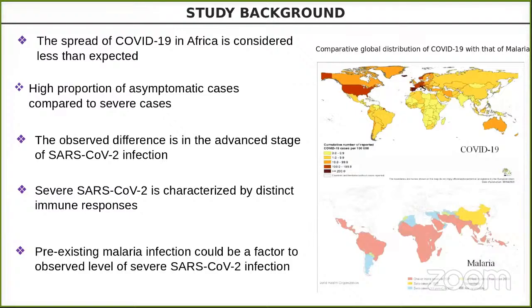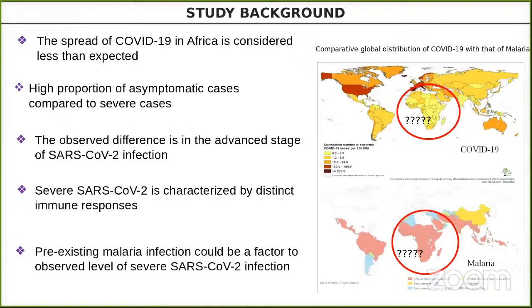The spread of the disease is considered less than what we expected. Even though we know that malaria is endemic in Africa, we were expecting that the emergence of COVID-19 could have some severe effects in Africa, but we are seeing otherwise.